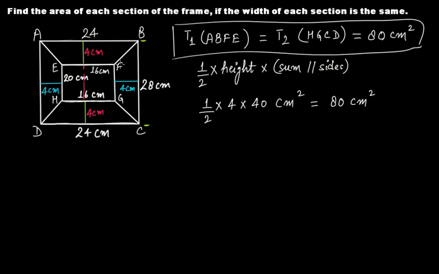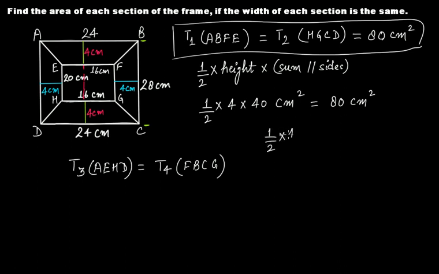Okay. Now, in the same way, the area of the trapezium, let's say that it is T3, AEHD, will be equal to the area of the trapezium, let's call it T4, FBCG. Now, the area of this trapezium will be what? If you use this formula, it will be half. What's the height?